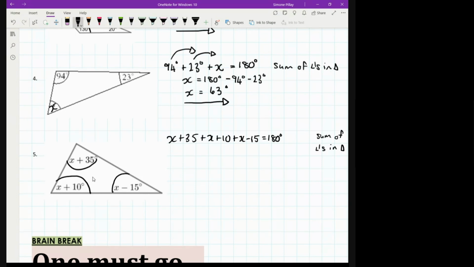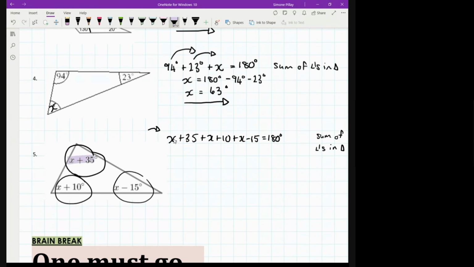Although I don't know the exact measurement of any of the angles in a triangle, I see that they all involve the same one variable. So I know I can create this equation from it, which is really just adding all of the angles. And that's what Itandile has done.